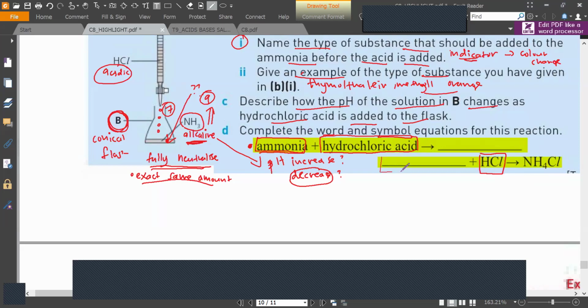the symbol for ammonia. Can you remember the chemical symbol for ammonia? What is the chemical symbol for ammonia?